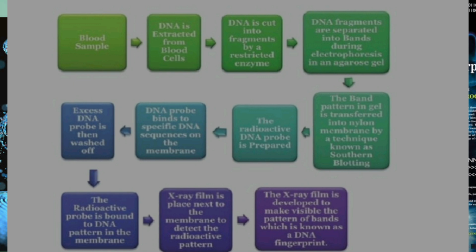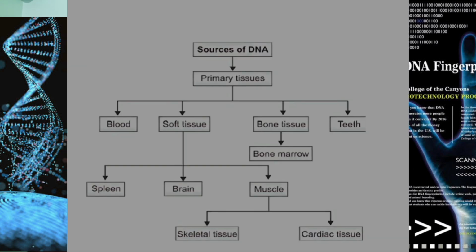Now we see the applications of DNA fingerprinting. Number 1, DNA fingerprinting is useful in crime investigation in forensic sciences. Number 2, matching organ donors to people needing an organ replacement.